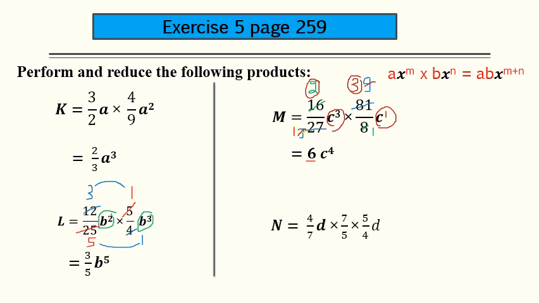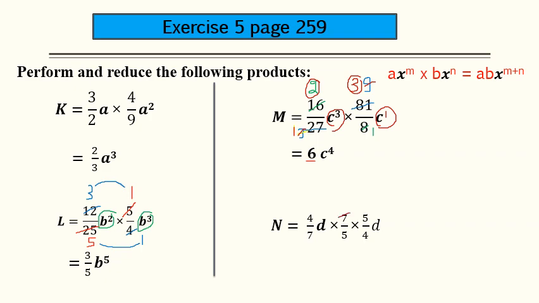Now n, 4 over 7d times 7 over 5 times 5 over 4d. This one is so easy. When I multiply by 7 and then divide by 7, we will get 1. Okay, as if we are multiplying by 1. Since 7 divided by 7 is 1.